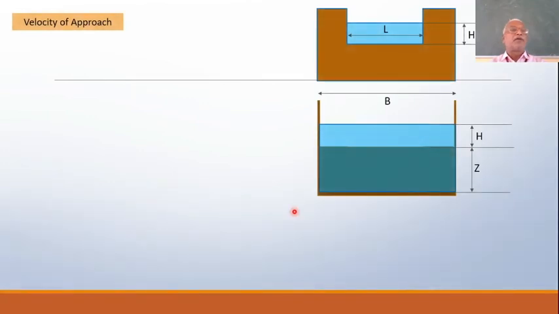Okay. Here we'll be talking about velocity of approach. Now you can just see here there is a channel, right? Actual flow inside the channel is having width B, full width of the channel is B, and then the flow is coming right up to this level. Here also there is a flow.